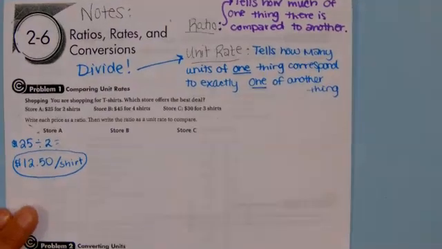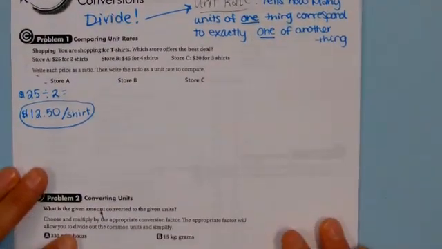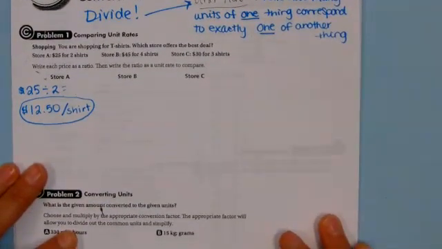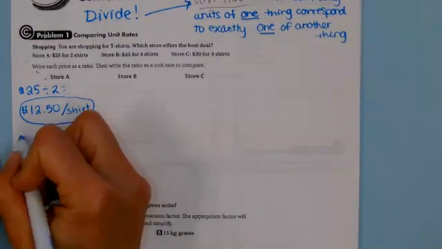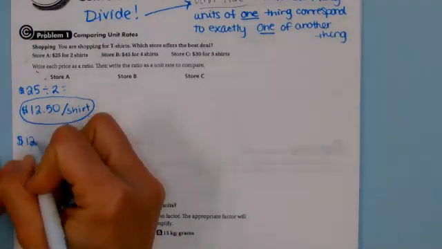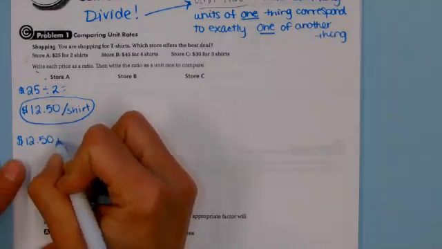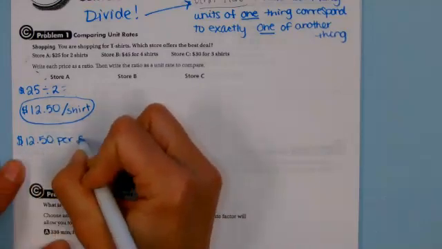So could you just write it as $12.50 over 1? Technically, yes, as a fraction, right? So another way you would write that is you could say in words $12.50 per shirt or per one shirt.